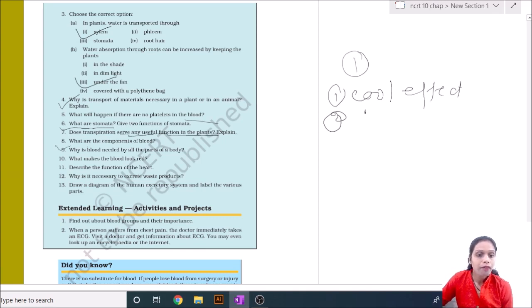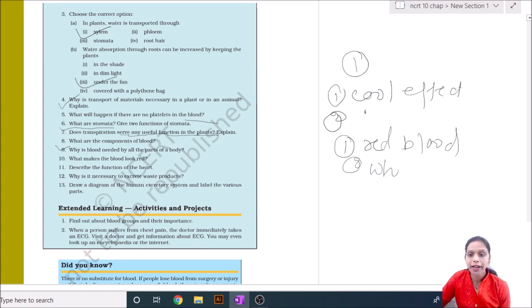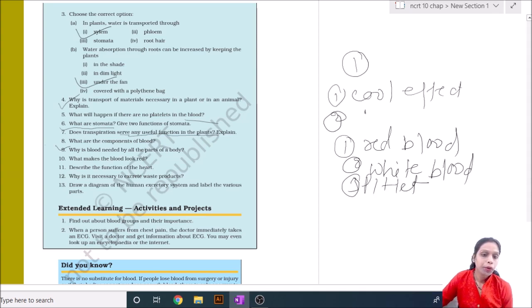What are the components of blood? There are three types of components. First is red blood cell, second is white blood cell, and third is platelet. Now, what makes the blood look red? Hemoglobin.